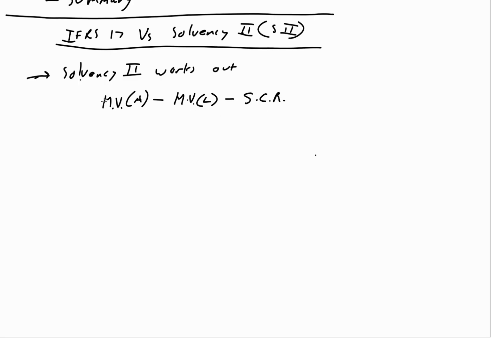So hopefully you remember these kinds of terms from what you know about Solvency II. And this is a balance sheet. So hopefully this is positive, and it tells you how much money a company's got left over out of their assets once you subtract off their liabilities and subtract off this thing called the solvency capital requirement, which is kind of an extra safety margin. You may remember that this market value of liabilities can be broken up into 2 parts, one called the best estimate liabilities and one called the risk margin.